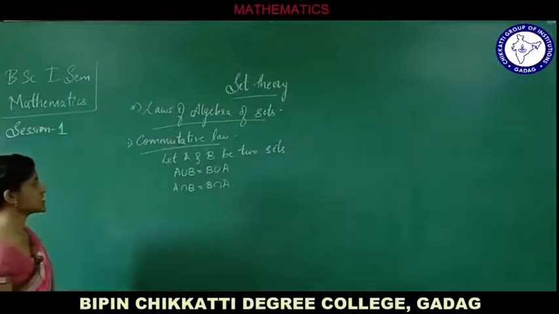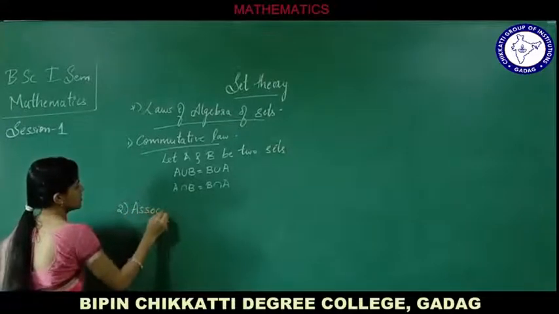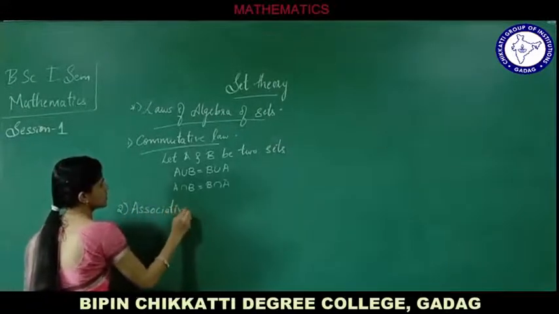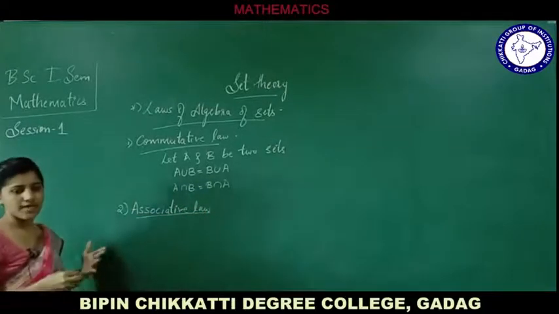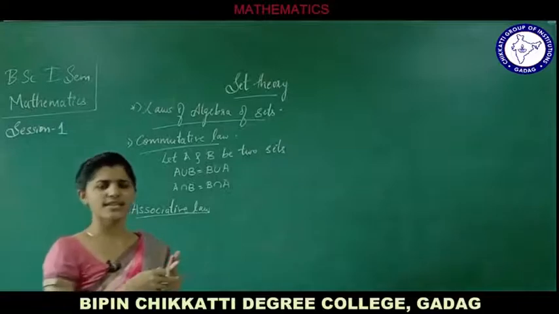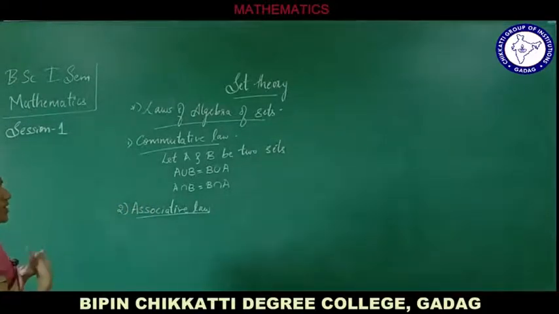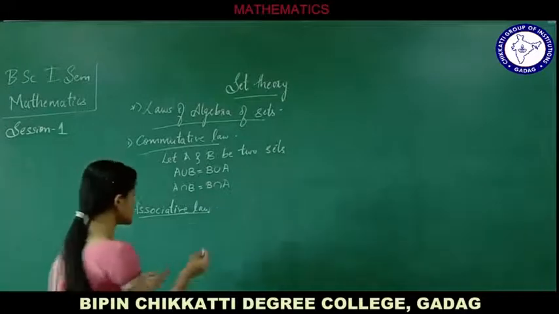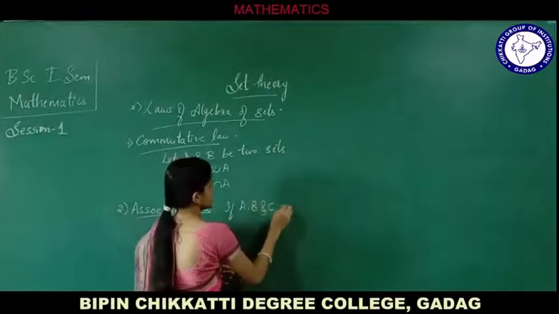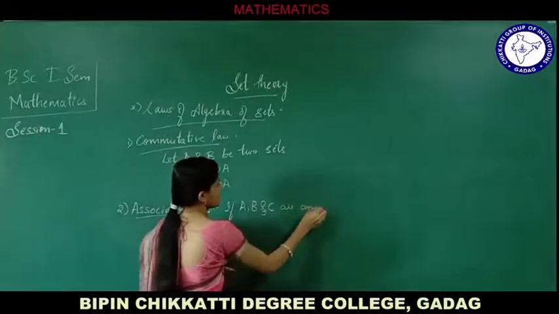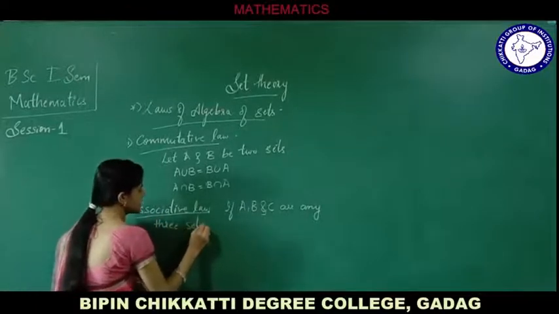Next we are going to consider the associative law. Let A, B and C be any three sets.